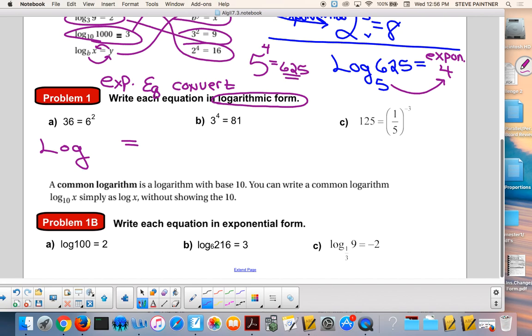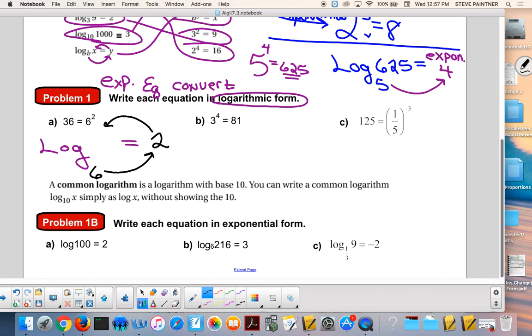To me, what I would do is I'd pick out the base and put the base below the letter G. So what's the base? 6, yeah. 6 to the second power. 6 is the base. You know the answer over here is an exponent. 6 what? 6 squared should equal this number.